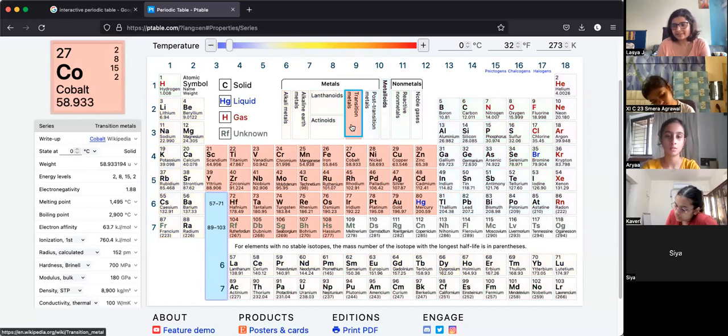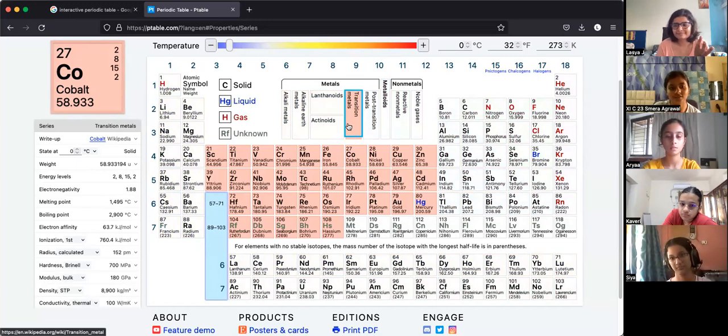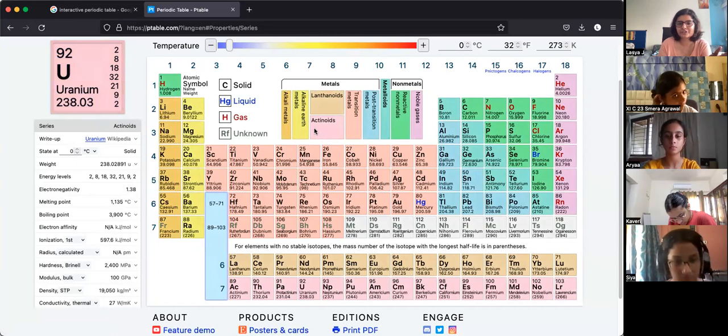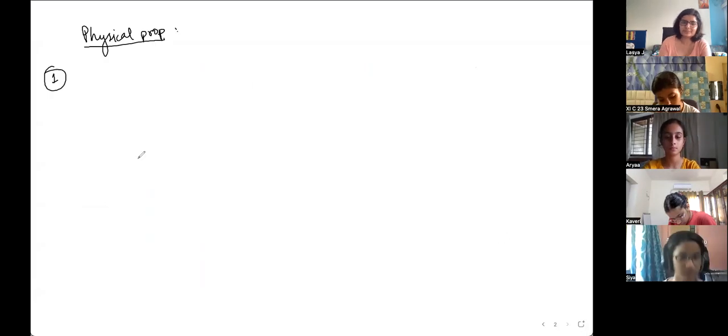So they are all metals with very typical metallic properties. Do you guys remember some of these metallic properties? Malleable, sonorous, lustrous, ductility, conductivity. Yes. So D block elements are typical metals. They show extremely typical metallic properties.